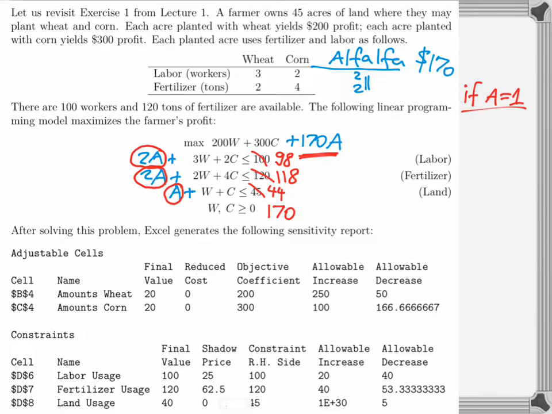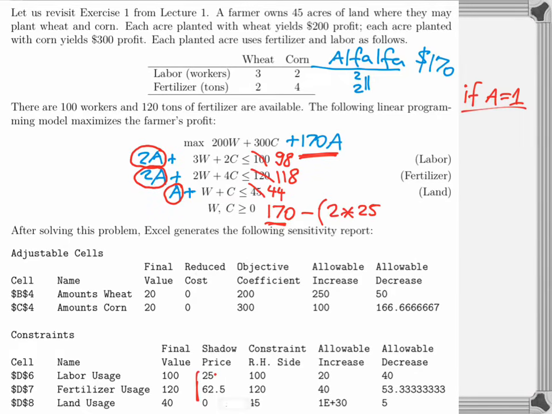Well, when right-hand sides of constraints change, I know how to assess the impact of that. I can use the shadow prices. So for example, if I lose 2 workers, every worker I lose is $25. So from this good side of alfalfa, 170, I'm going to subtract 2 workers, each of them worth $25.